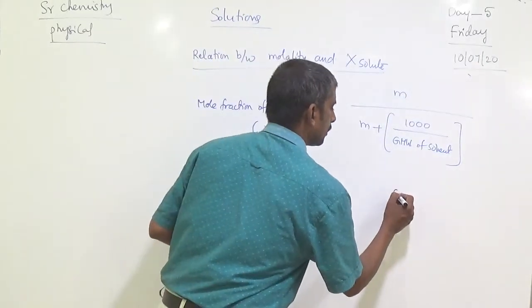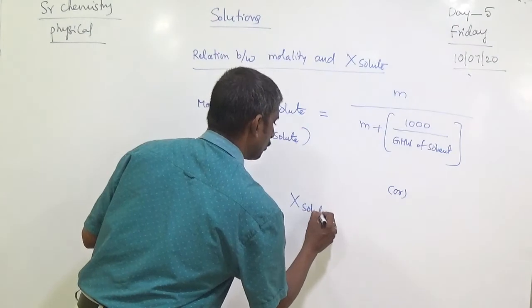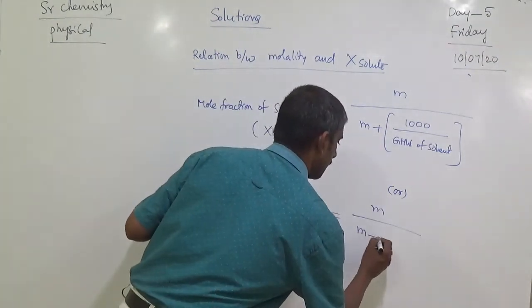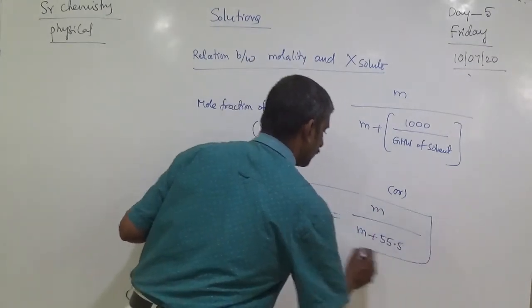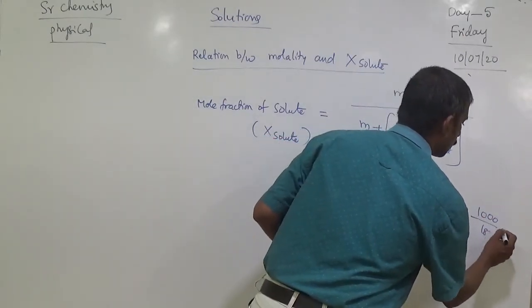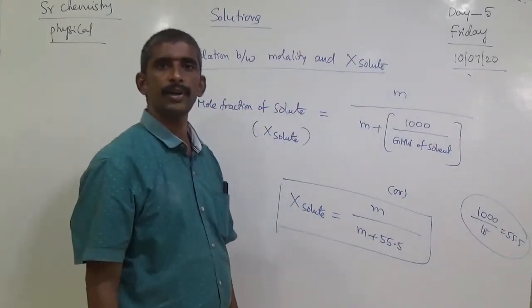Simply like that: mole fraction of solute equals m by m plus 55.5. Why 55.5? Here 1000 by 18 equals 55.5.